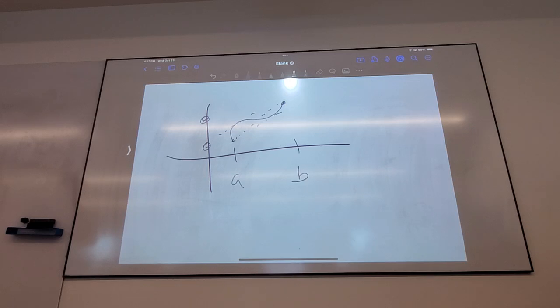Rolle's theorem just says the derivative is 0, because if I do mean value theorem, but my outputs happen to be the same, then the straight across is flat. So then I can just say there's got to be at least one place where this tangent line has a slope of 0. Rolle's theorem is a specific instance of mean value theorem.